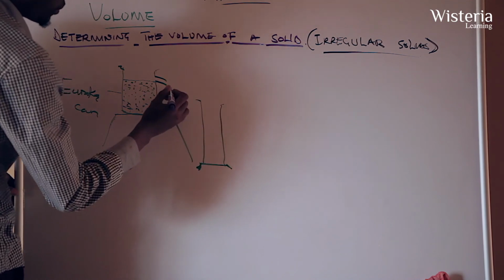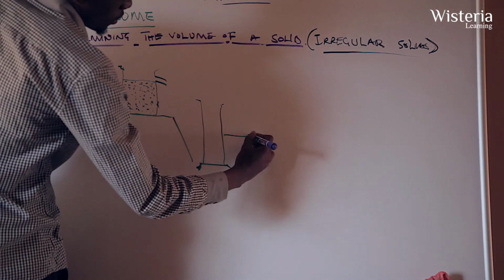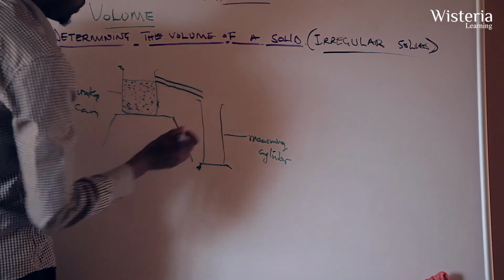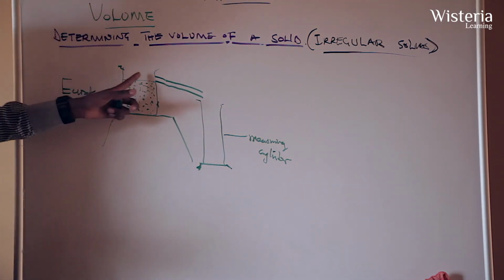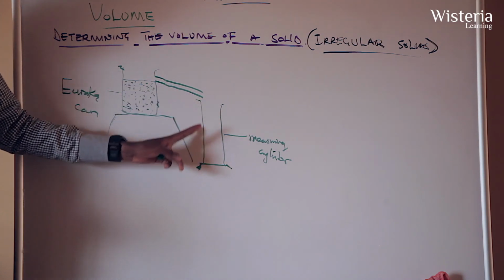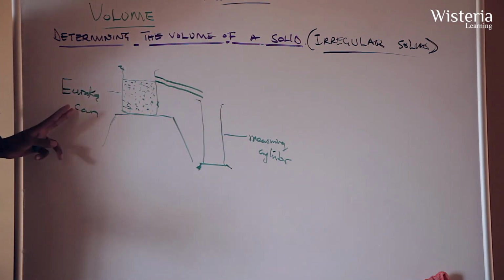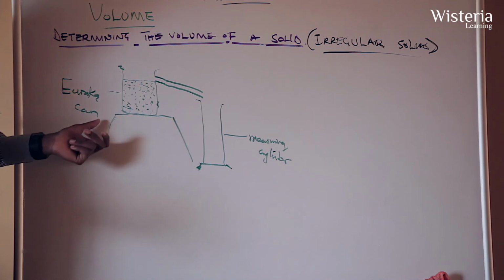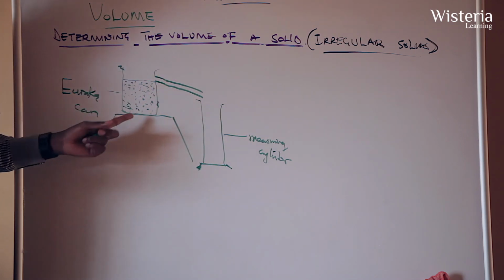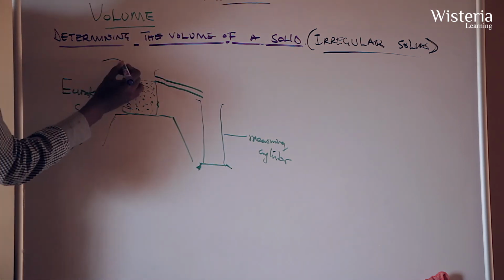So we are going to call this our measuring cylinder and our spout, like that. You place your measuring cylinder beneath the spout of the Eureka can, and then you get a stone, tie it to a string and lower it into the Eureka can gently.